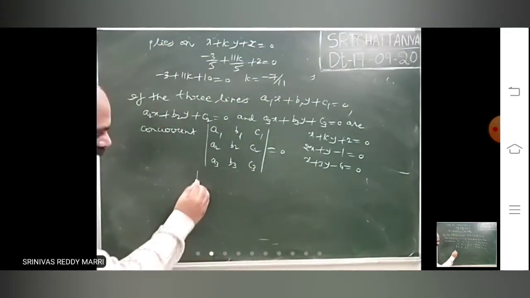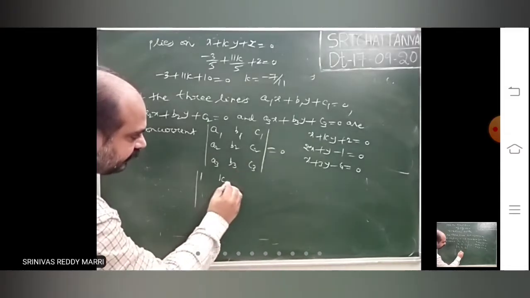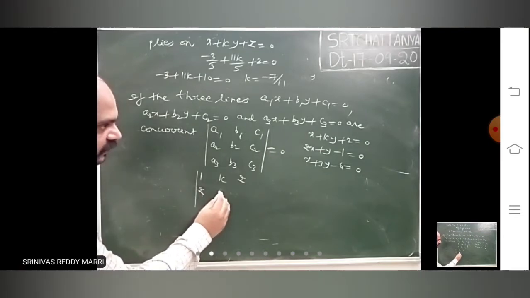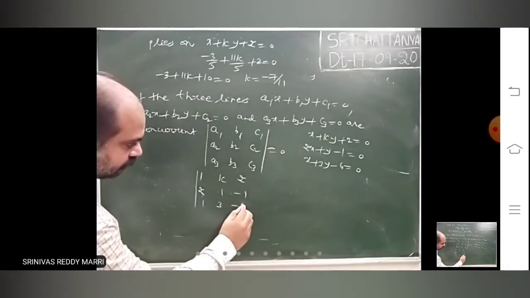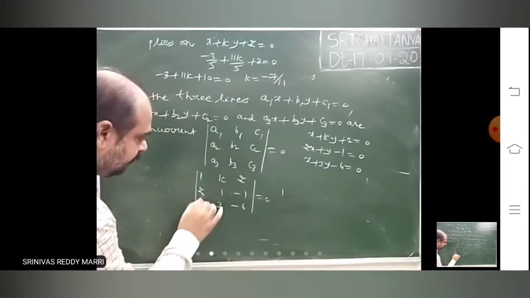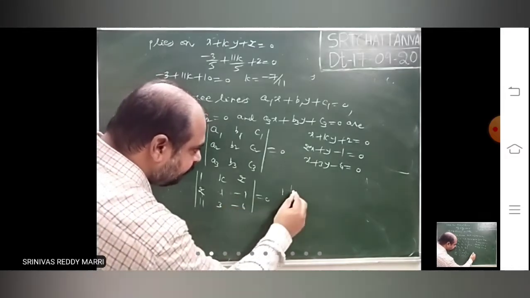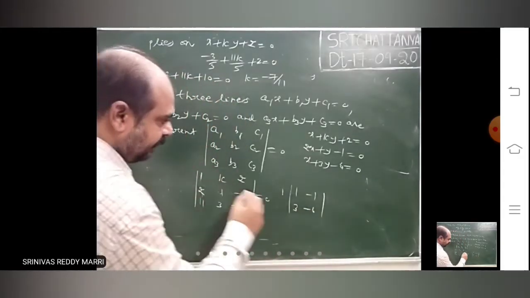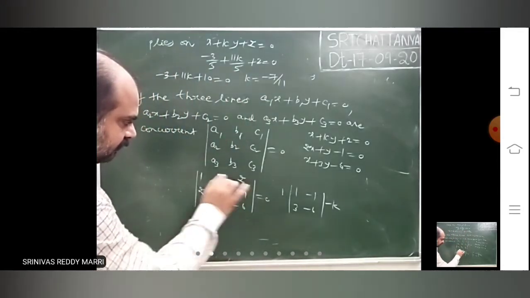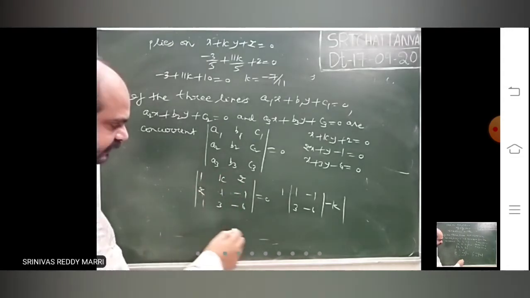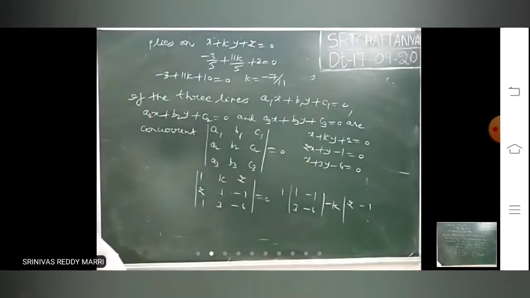To do it by the determinant formula, the determinant of 1 k 2, 2 minus 1 1, 6 2 minus 1 and so on, equals 0. So what did I say? 1 into, close this row and this column: 1 minus 1, 3 minus 6. Then minus k into, close the row and column containing it: 2 minus 1, 1 minus 6.